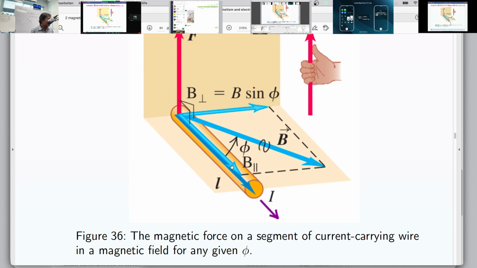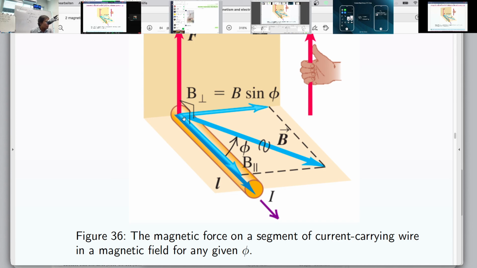But the component that matters to us, that is significant to us, is this component, B with the subscript perpendicular.